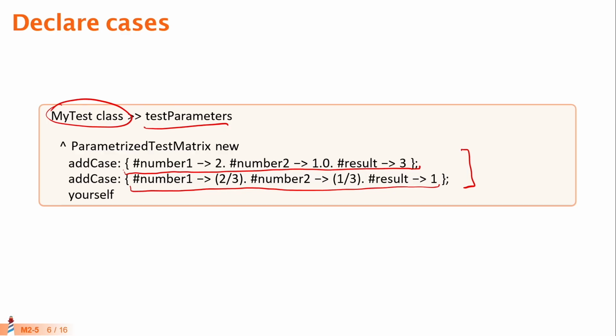So we have extended our test cases with these two cases. One for the integers and float, and one for the fractions. If we add more and more, there will be more and more cases. Sorry, the cases will be added in this method.